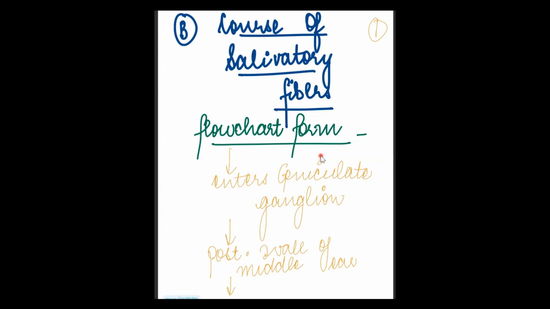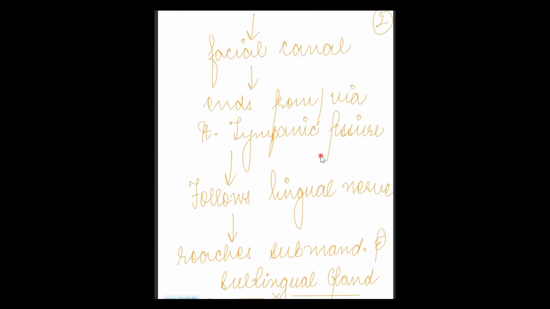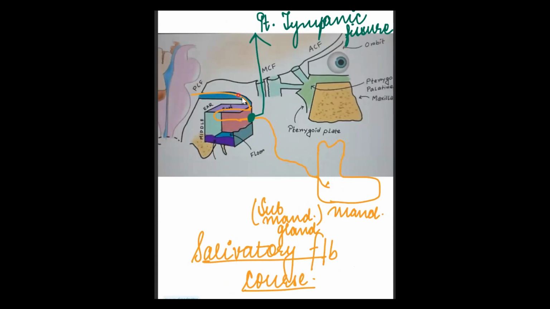Talking about the course of the salivatory fibers. What happens is the salivatory fibers, after entering the geniculate ganglion, come into the middle ear, enter the posterior wall of the middle ear, but instead of following the path followed earlier, exiting via the stylomastoid foramen, this has an exception here.